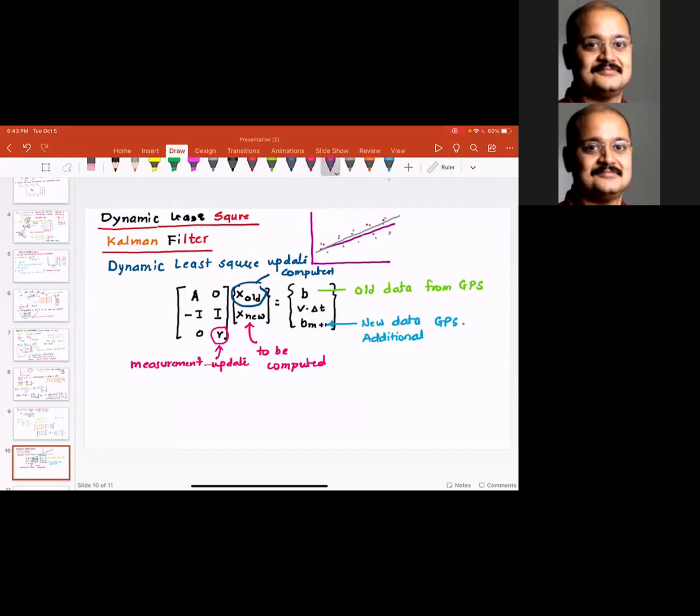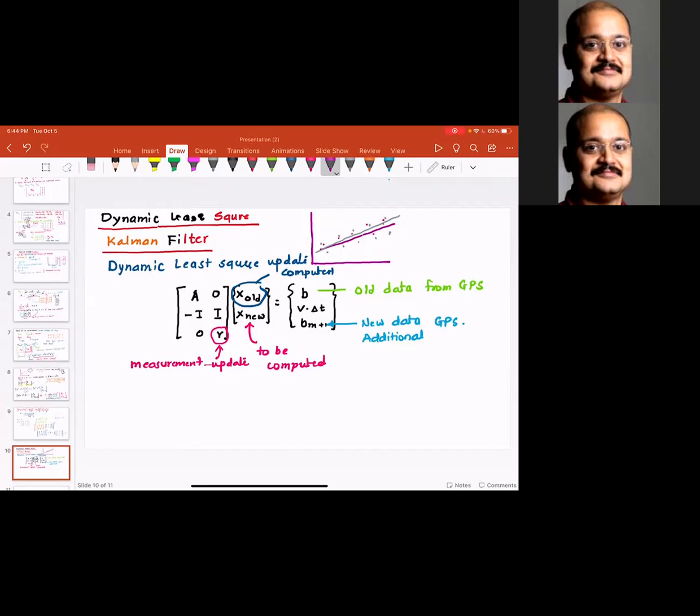So the Kalman filter problem is something like this. Given the new measurement, how can we find out the new solution? And there is additional stuff that goes inside it, because depending upon how the measurement is changing, depending upon the variances and covariances, depending upon the noise in the data, you can actually come up with a fairly accurate representation.